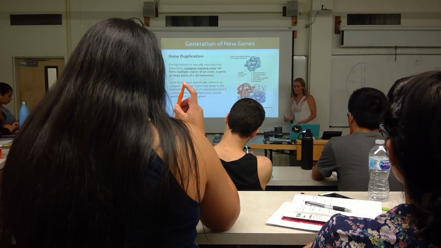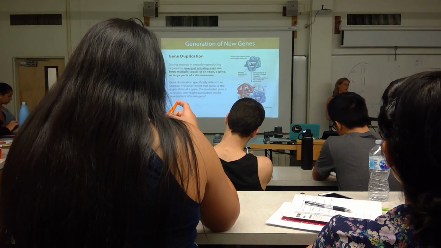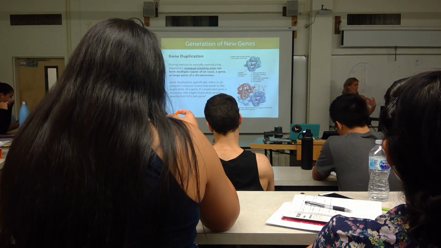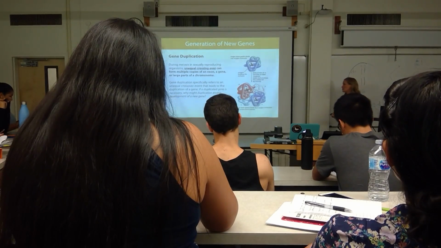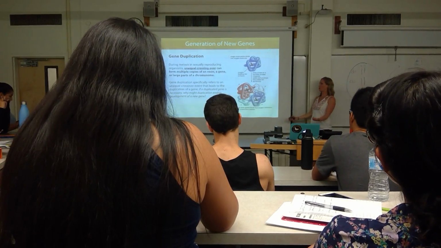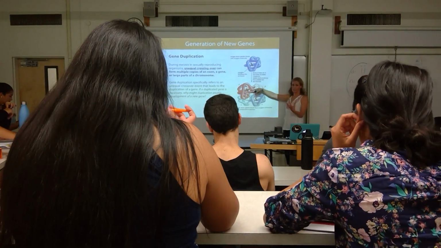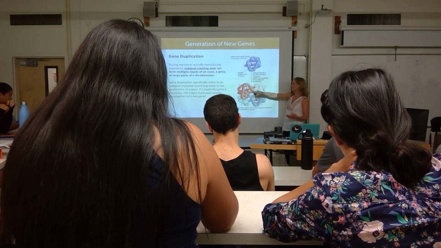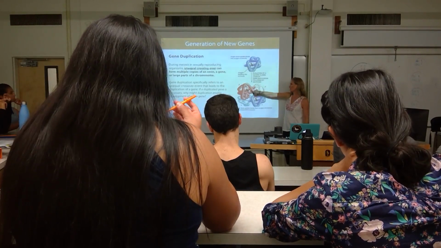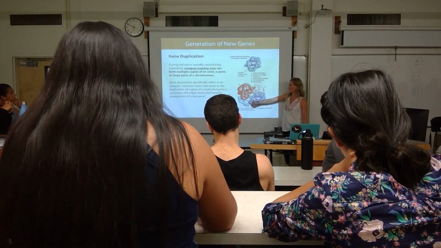hemoglobin, right? So I mentioned last time, we use hemoglobin as an example for so many different phenomena in this class. And so hemoglobin is a tetramer. In us, and in most vertebrate organisms, there are two beta globin subunits and two alpha globin subunits.